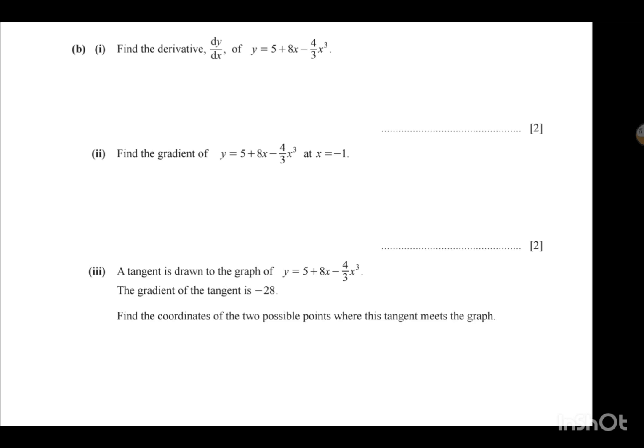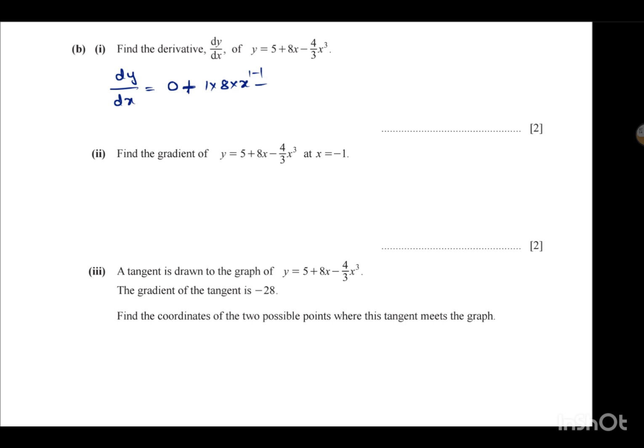Question number 9b. First one, find the derivative dy by dx of y is equal to 5 plus 8x minus 4 by 3x cube. Finding the derivative now, dy by dx is equal to, for the constant it will be just 0 because there is no x there, and for 8x the power of x is 1, so 1 into 8 into x raised to 1 minus 1.